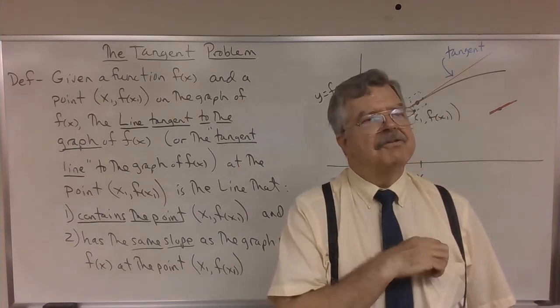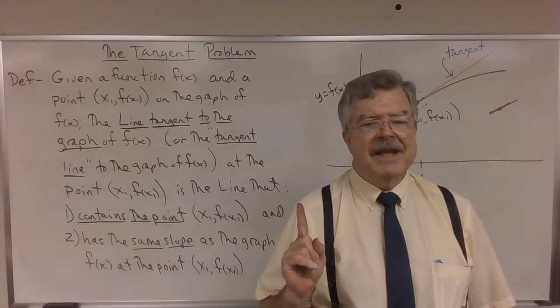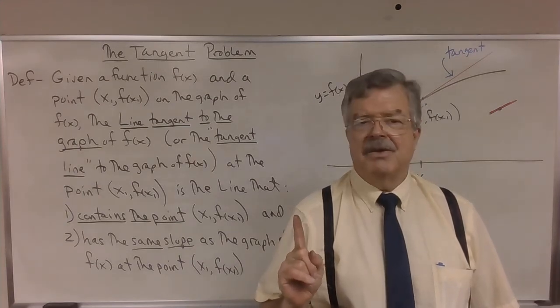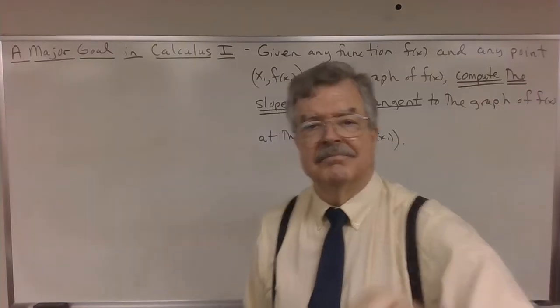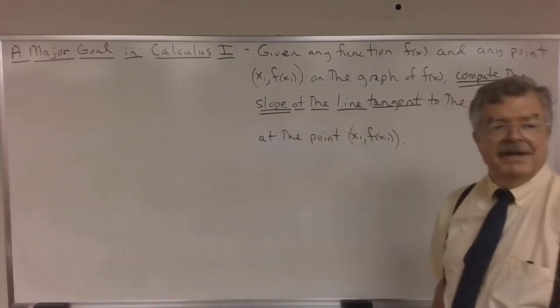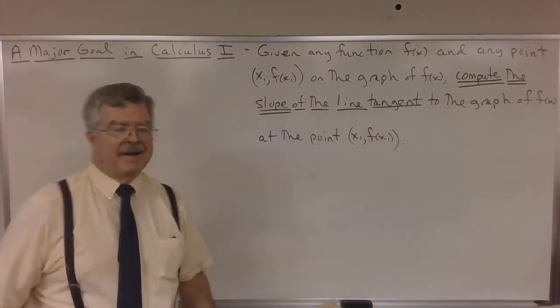Now, how does this relate to calculus? In a second, I'm going to tell you what a major goal of this course is. Okay? Let's get this out in the open right now.